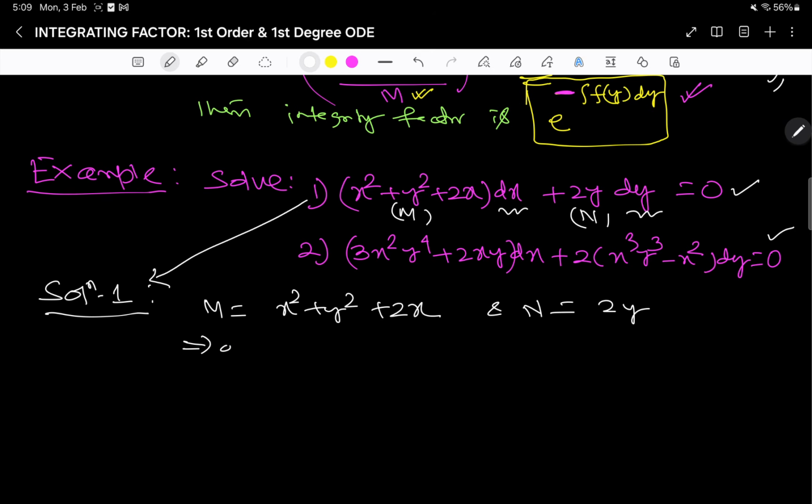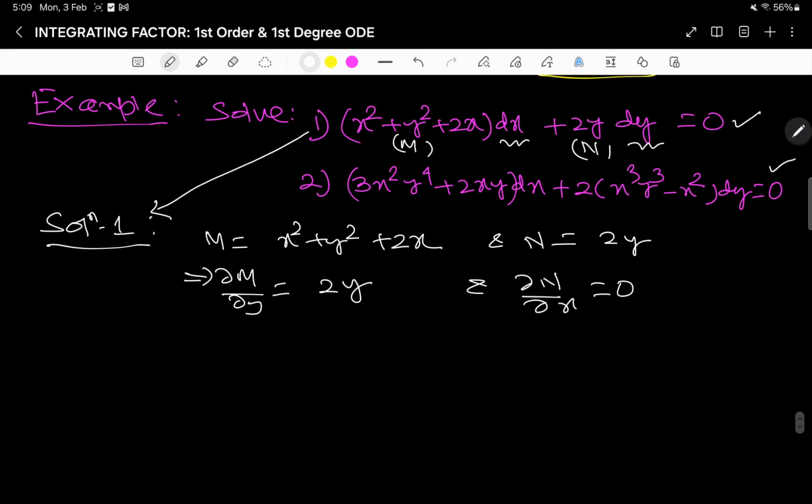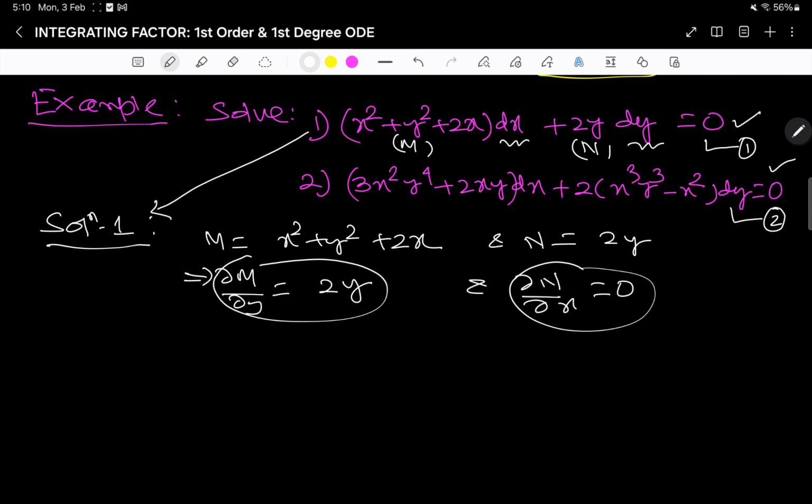So what is my del M by del y? It is 2y only, and here del N by del x is 0. So clearly del M by del y is not equal to del N by del x. You see, this is not equal to this. Therefore 1 is not exact. Let it be my equation 1. Let it be my equation 2. Okay.